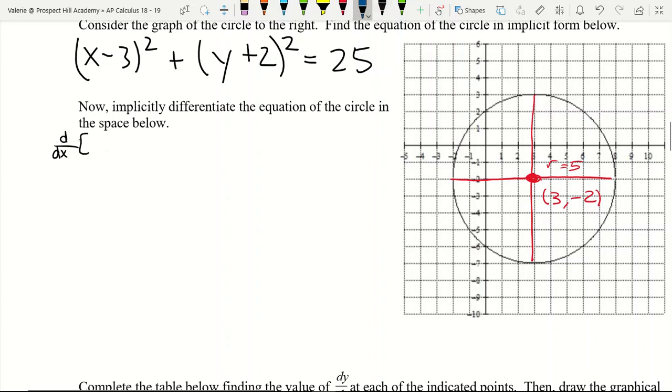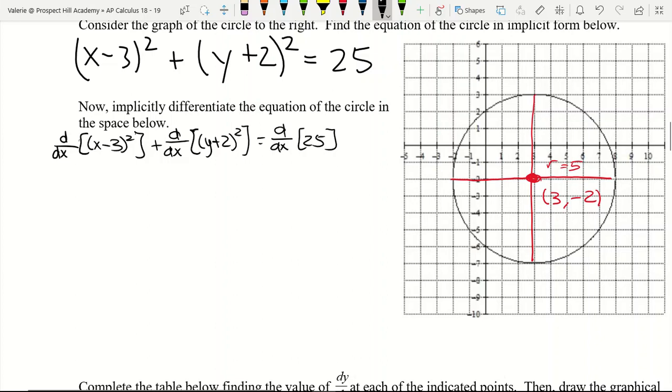Let's rewrite that. (x minus 3) squared plus d/dx of (y plus 2) squared equals d/dx of 25. Okay, so again, we're going to differentiate these the same way we're used to. The only difference is going to be when we differentiate that second term, because of the y.